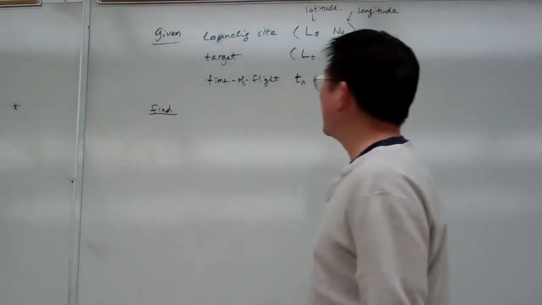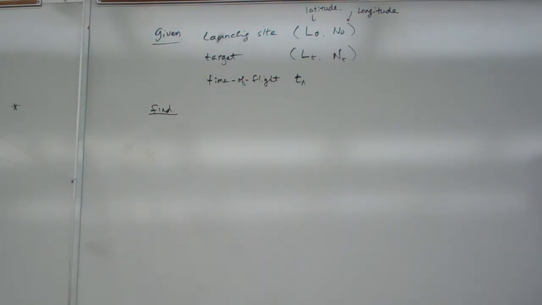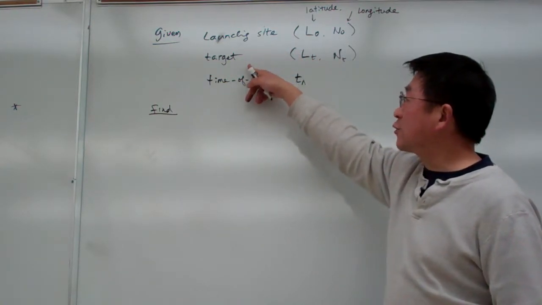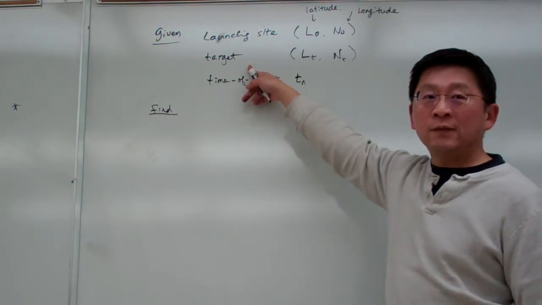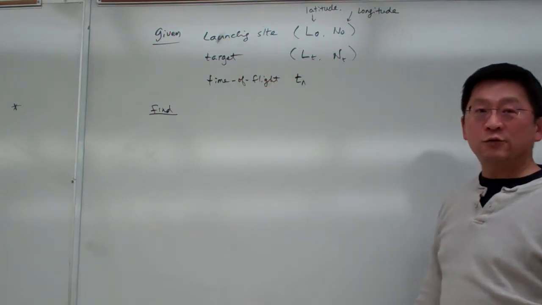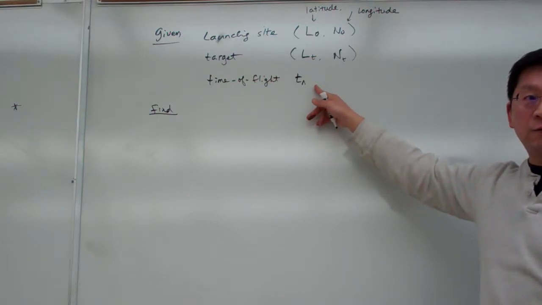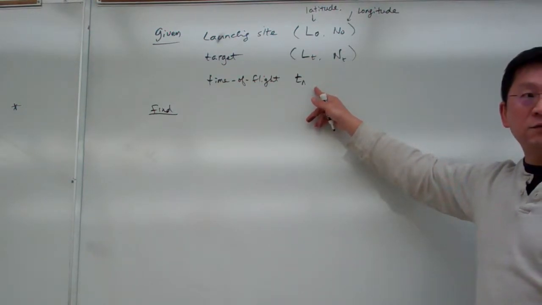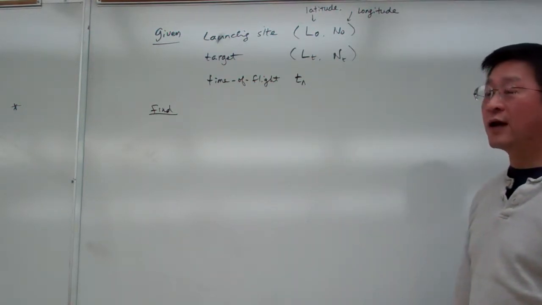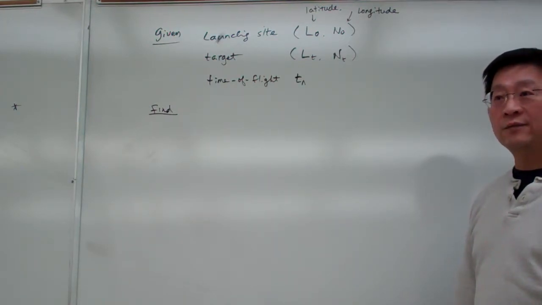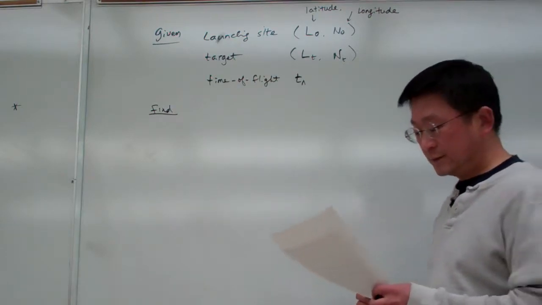So what we're going to find is this. This is our target, and this is the launching site at a city, and the target is a city. We know their geographical information, and here is the time of flight determined by the fuel of the missiles. Okay, so from here we want to find the launching parameters, like the flight path angle and azimuth.